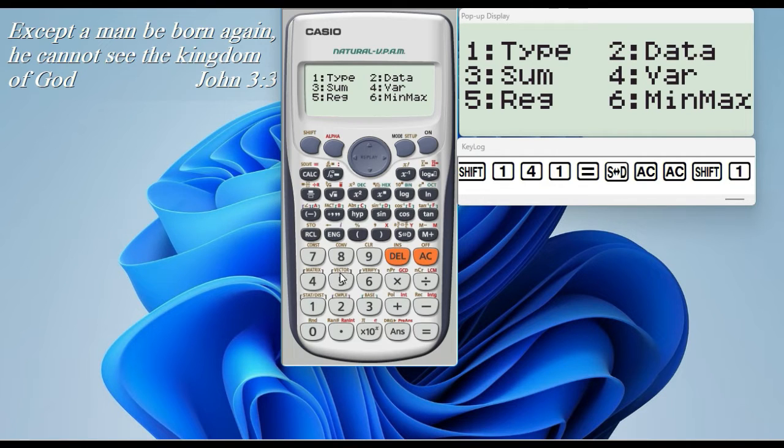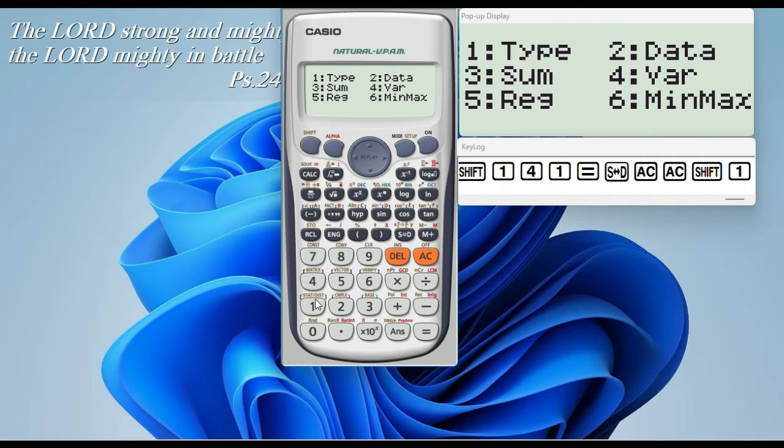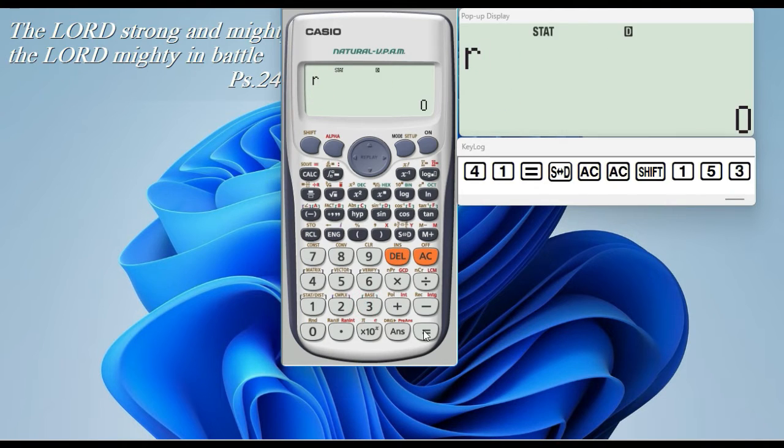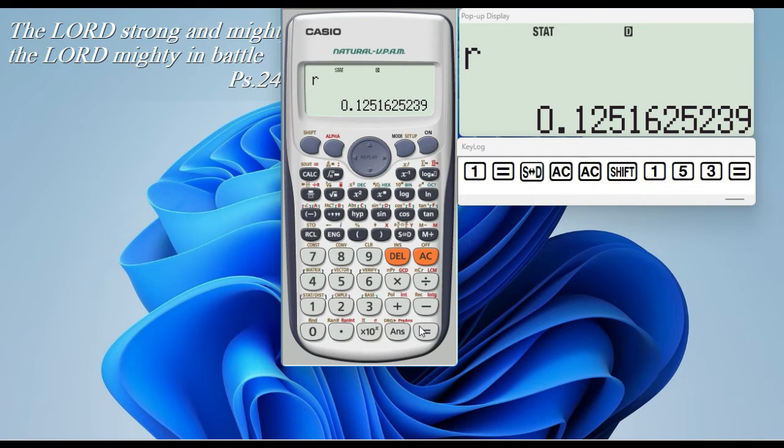You see, you can have the standard deviation is over there, the regression coefficient is the 3, the standard deviation is the 4. Okay, so this is the regression coefficient, that is 0.125. In case we are dealing with regression, correlations, regression coefficients, and those stuff, we are going to use this one to get it. Okay, and with the same data we could get it.